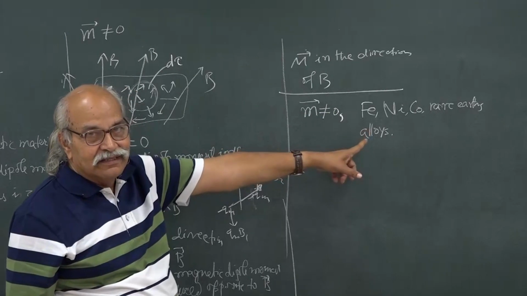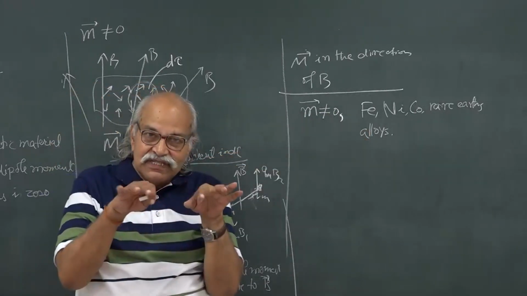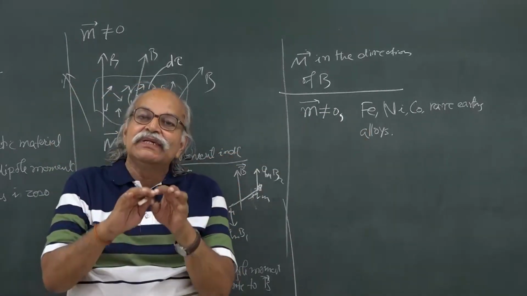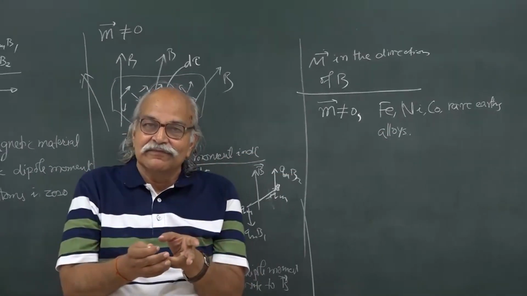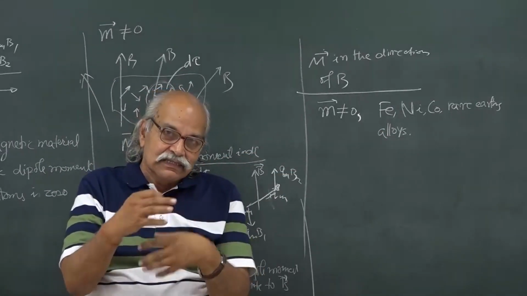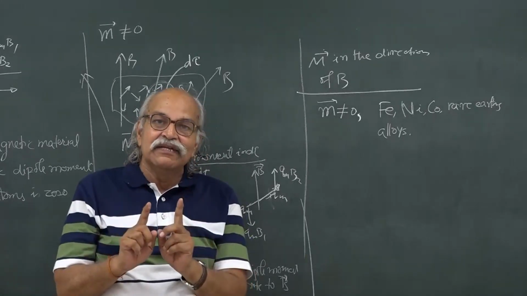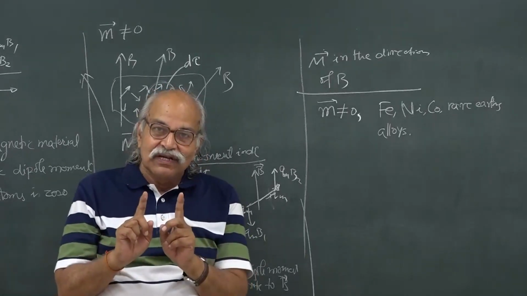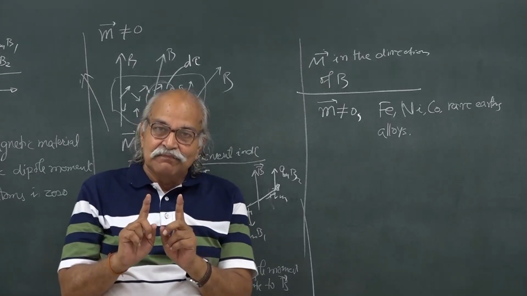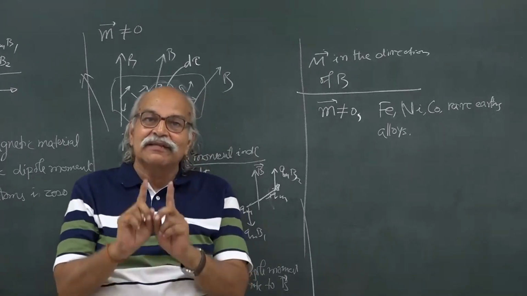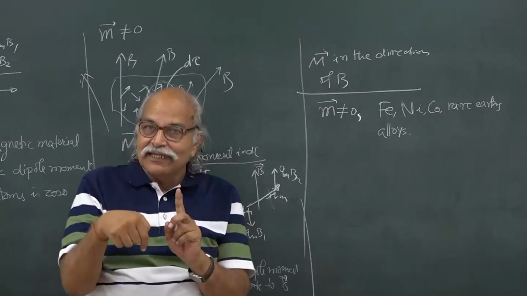Here the electrons which are overlapping between the neighboring atoms interact in such a way that these neighboring moments either try to align parallel to each other or anti-parallel to each other.